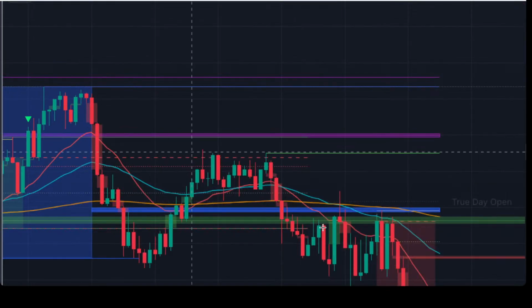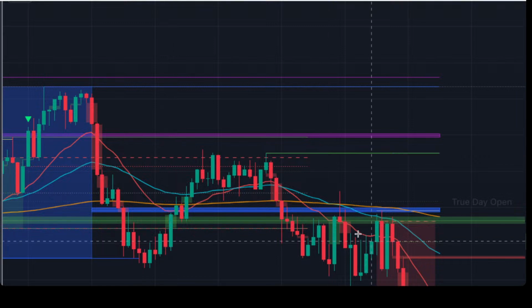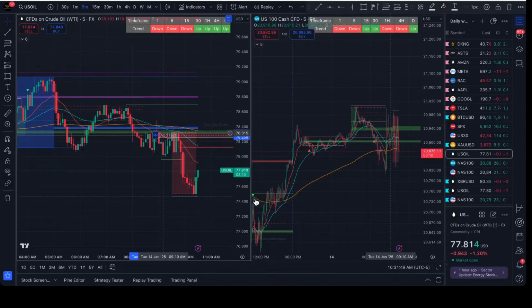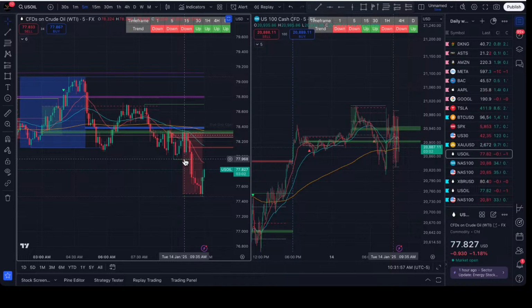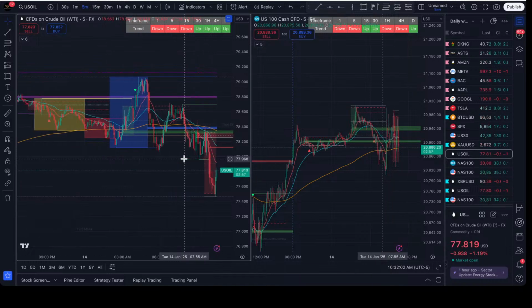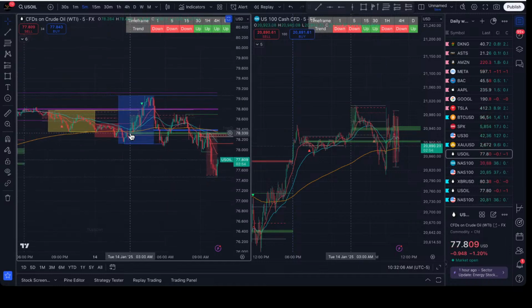And that's before the New York range is even formed, or fully formed, I should say. Right there, any one of these could have been an entry. Let's check where previous day's low is at.